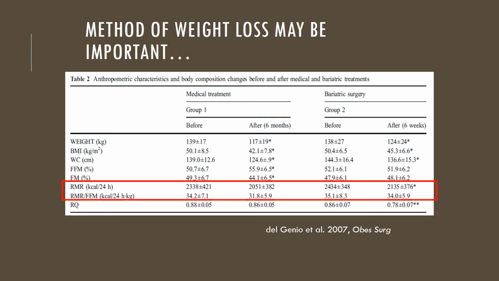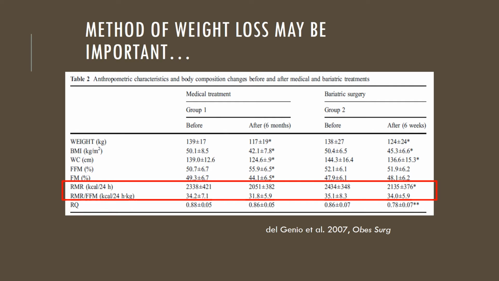So this group lost weight using what they call medical treatment. They used medicine and diet and exercise. And then the group on the right had bariatric surgery to lose weight, where their stomach was altered so that they physically cannot consume as many calories.